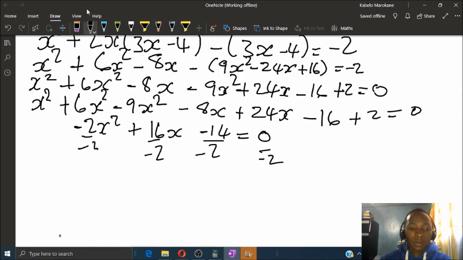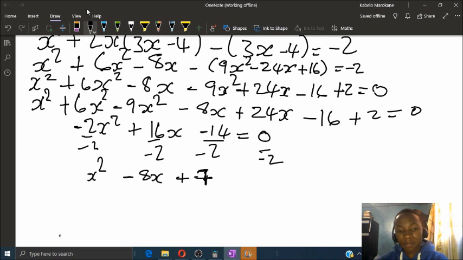Okay, so we are left with x squared minus, remember minus changes positive to negative, minus 8x plus 7 equals 0. 0 divided by minus 2 is 0.